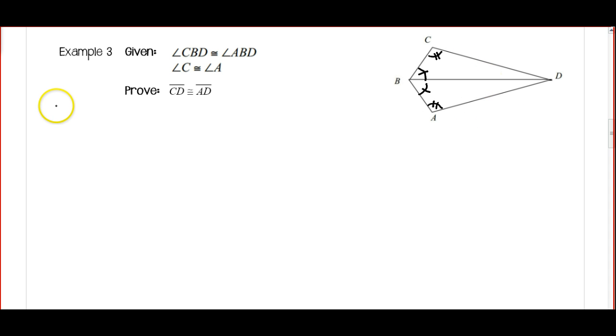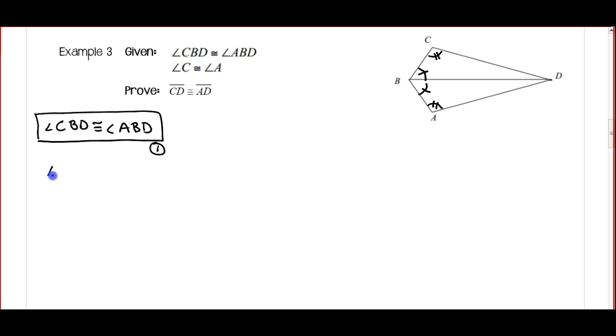So let's take a look at this. Let's get our given information in some boxes. I've got angle CBD is congruent to angle ABD. Alright, and we'll give that reason 1. And I've got angle C is congruent to angle A. That's going to get a 1 also.